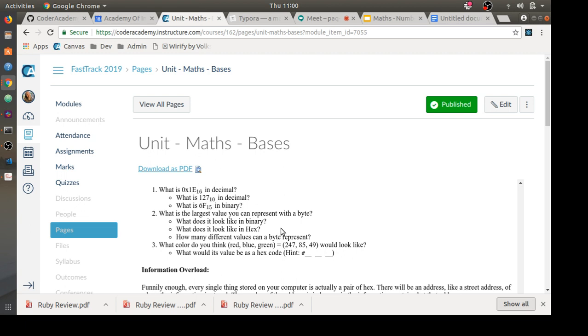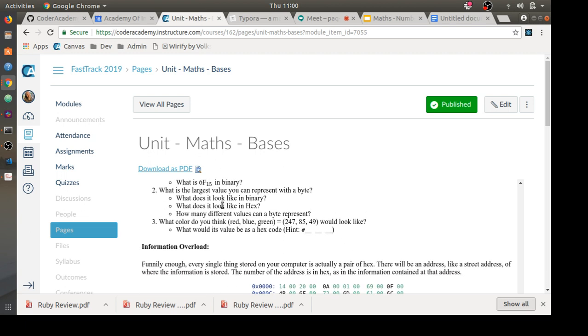I don't know if that's a trick question or if he meant to put a different base there. 6F base, that doesn't make sense. That's got to be 16, because there would be no F in base 15. Because you always take one less than your base. So let's assume that he meant base 16. I'll make a note that I need to update this on Canvas.